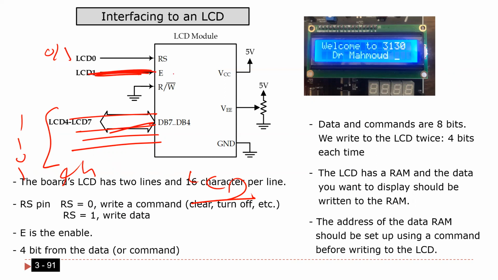All you have to do is generate a pulse this way, after you put the correct value in RS and also the correct value here. Once you generate a pulse, you tell the LCD everything is ready and it can start writing. That's how it works.